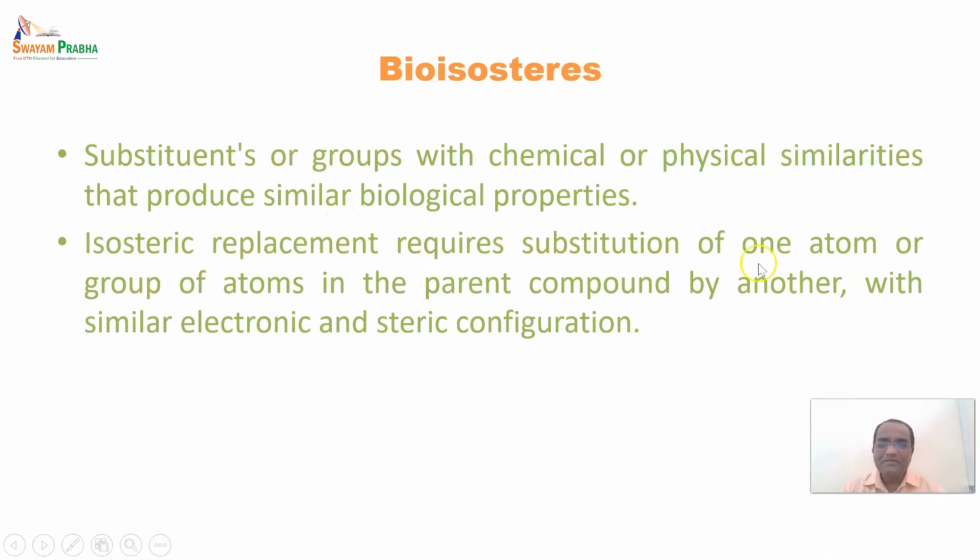Isosteric replacement requires substitution of one atom or a group of atoms in a parent compound by another with similar electronic and steric configuration. It is important that these two parameters, electronic and steric configuration of a drug, should not change. They should remain similar even though there is isosteric replacement.